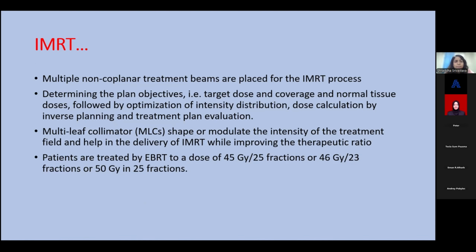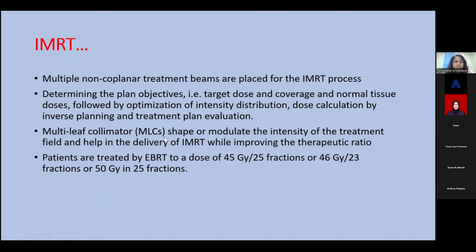In an IMRT plan, multiple non-coplanar beams are used for treatment. What we do is set our objective criteria: we want our tumor volume to receive this much percentage of dose, and we want the normal tissues to be confined to their tolerances, so that the dose does not cross the tolerance of the normal structures around it.